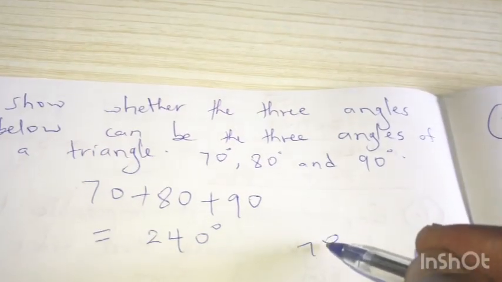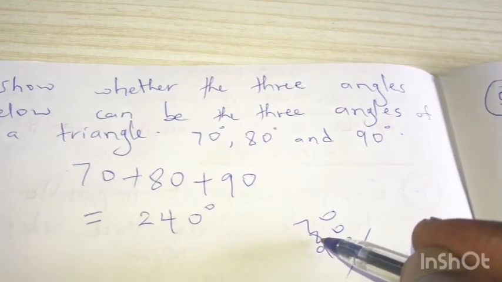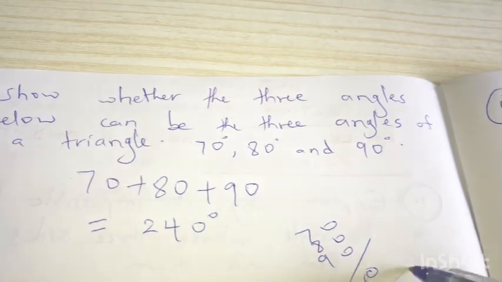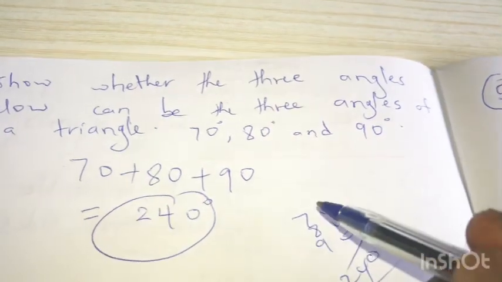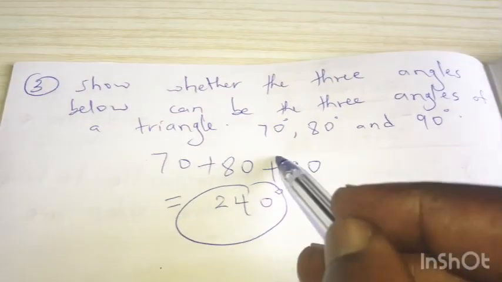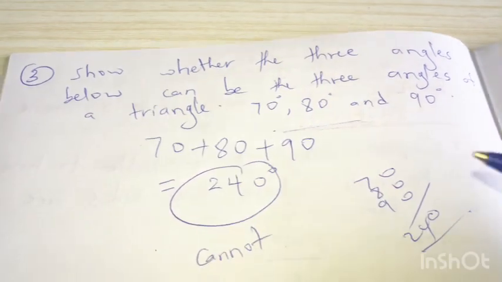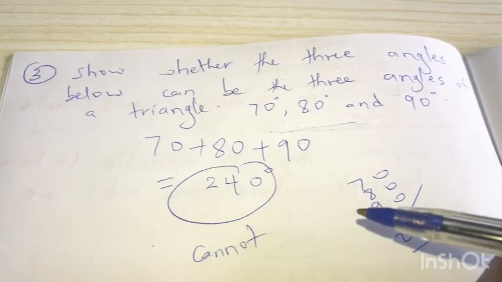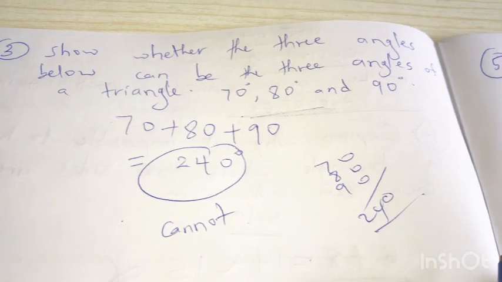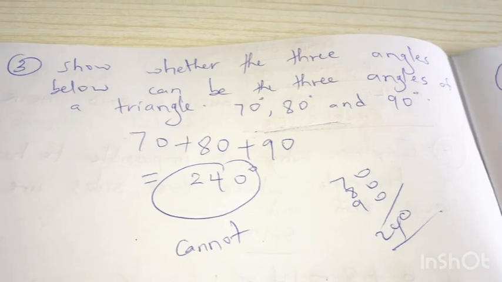Right, 7 plus 8 is 15, plus 9 is 24. This one is more than 180. So these angles cannot form a triangle. Are you getting it?